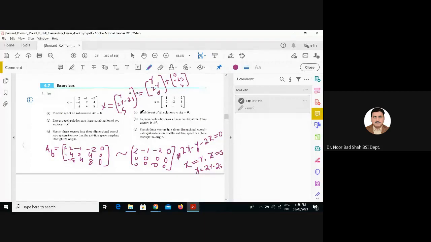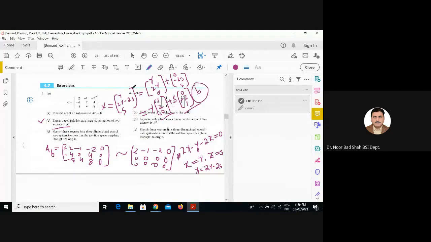And then taking r common, it is (1, 2, 0), plus taking s common, that is (0, -2, 1). So you see that's the second part, which says express each solution as a linear combination of two vectors. So that's a linear combination of two vectors. These are C1 and C2. So that's part B.